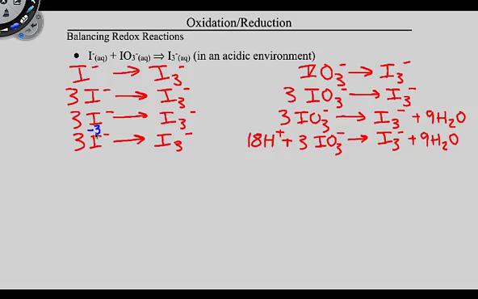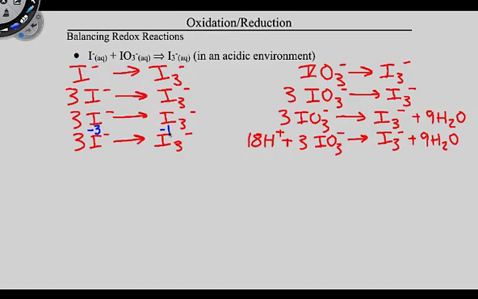What is the negative charge on the right-hand side? -1. So what we've got to do is make those equal. And the only way we can make them equal is by adding electrons. If this is -3 and this is -1, we've got to bring the right-hand side of the equation down to -3. We do that by adding 2 electrons.